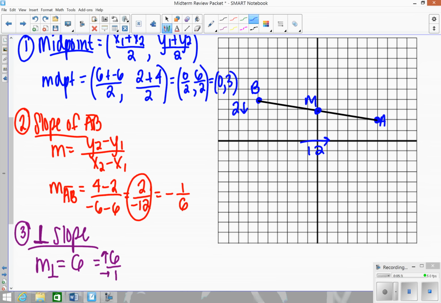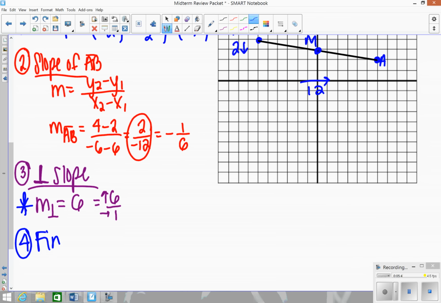So that means I have to use the midpoint and the perpendicular slope and plug into y equals mx plus b to figure out what the y-intercept is. So now I'm going to go ahead and plug in and find the y-intercept. So I have to use steps 1 and 3 for this. My answer is from steps 1 and 3.